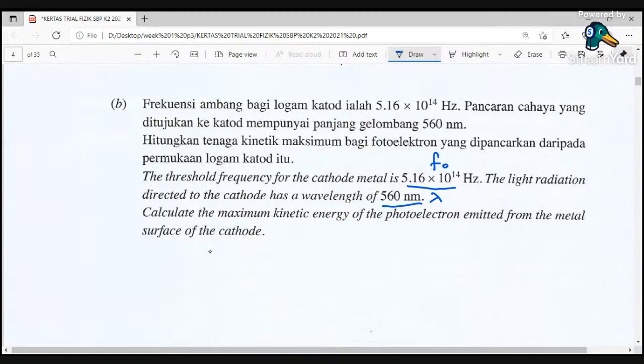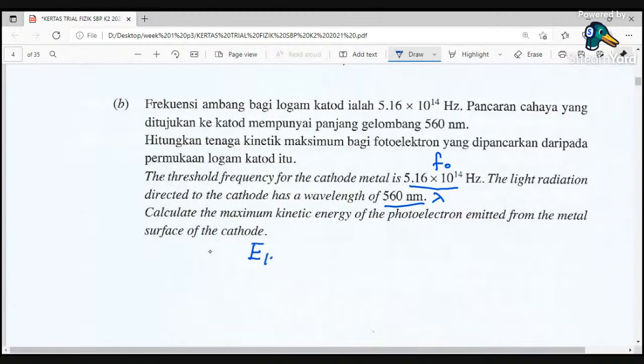From the photoelectric effect equation, we have this formula. Kinetic energy equals to hf minus hf0.